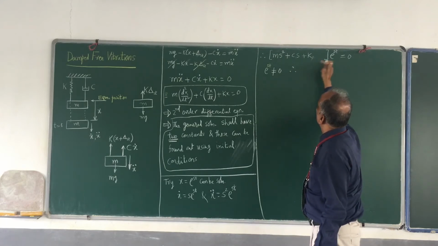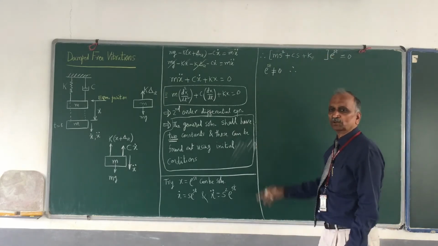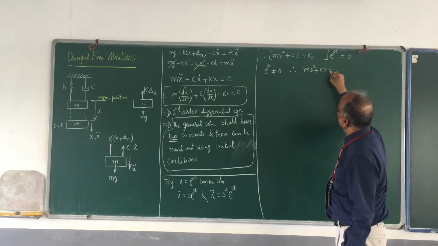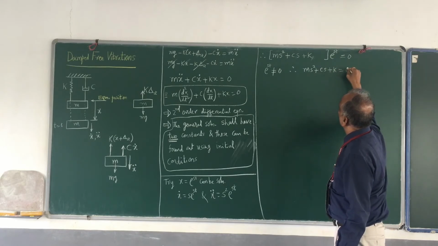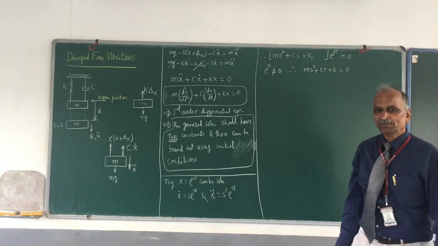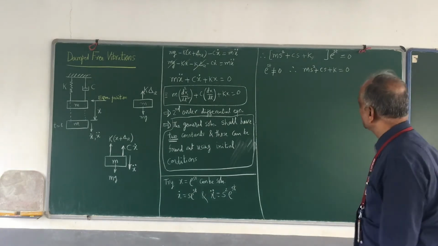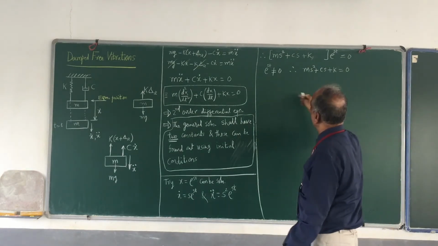Therefore, if that is not 0, what must be 0 to satisfy this? Therefore, m s square plus c s plus k must be equal to 0. Then what is s? It is a quadratic in s.